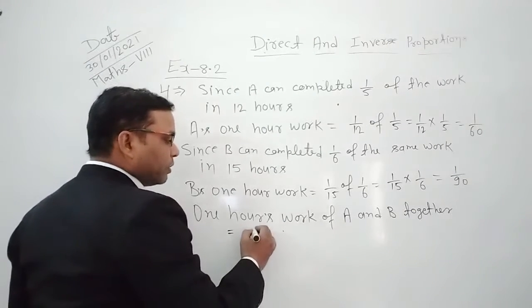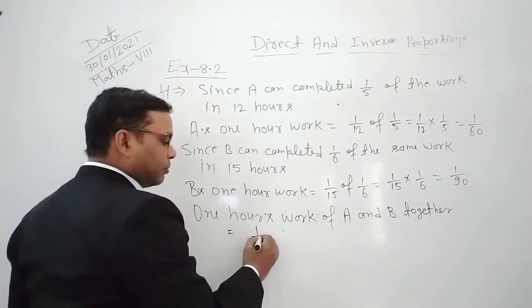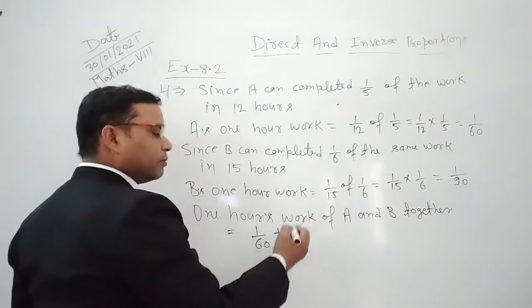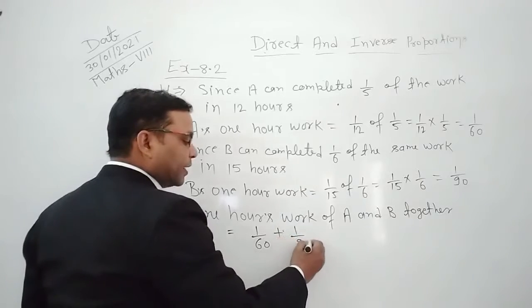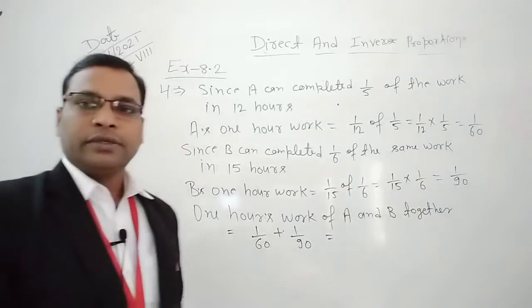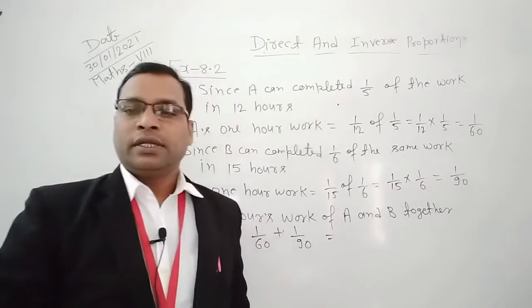1 hour work of A is 1 upon 60 plus 1 hour work of B is 1 upon 90. If you add them, then you get what?